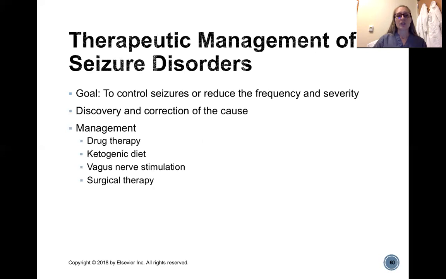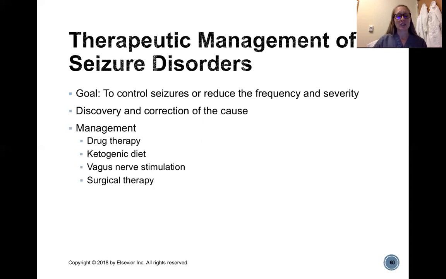So we're going to look at drug therapy, and the drugs we're going to look at are drugs that raise the threshold of excitability. The idea behind that is that the seizure won't occur because the brain is allowed to get as excited as it wants to, essentially. Another aspect of management is the ketogenic diet.